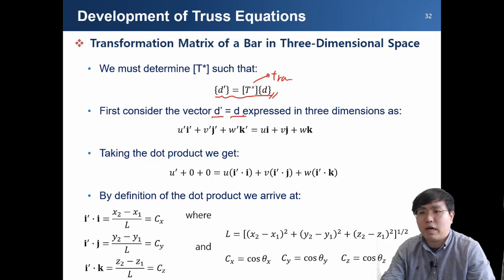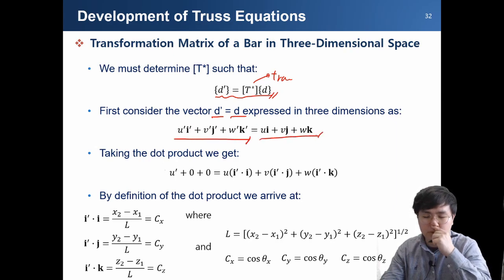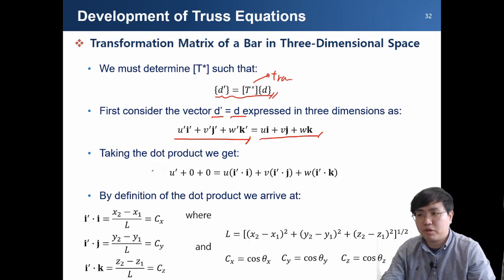Let's define an arbitrary vector in two different coordinate systems. First, it can be expressed in the local coordinate system, prime, or we can also define this vector in the global coordinate system. Taking the dot product with i prime, or i hat, they are orthogonal, perpendicular to each other, so this becomes equal to 0.